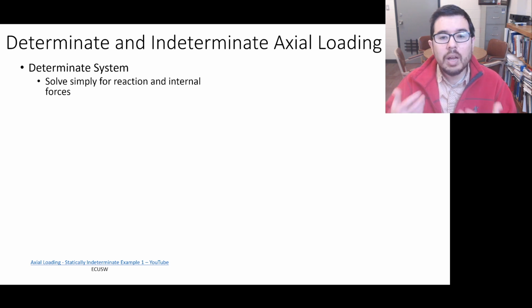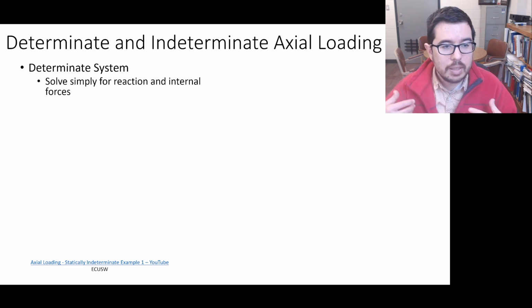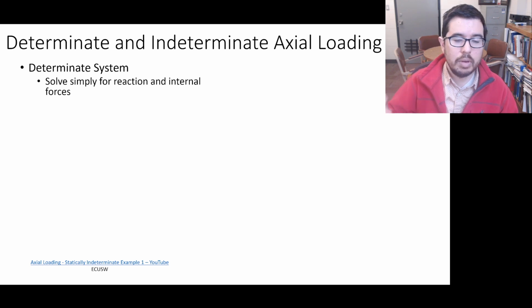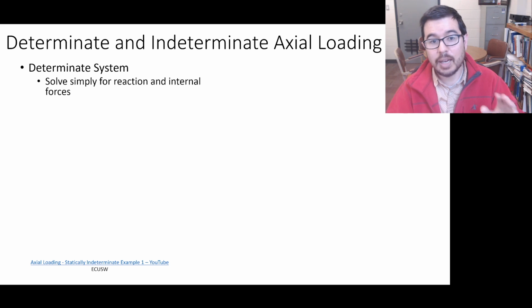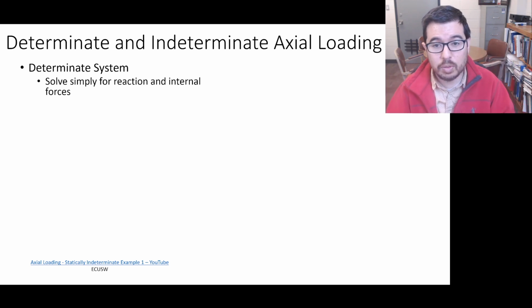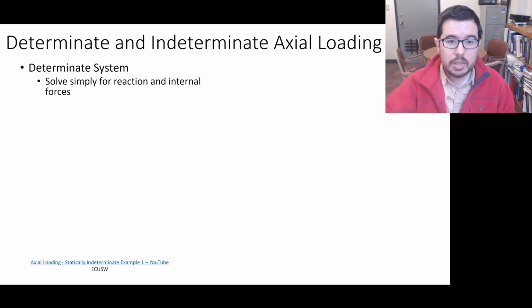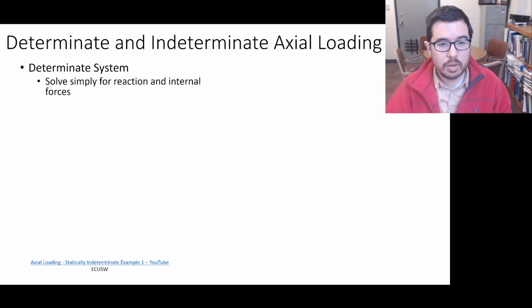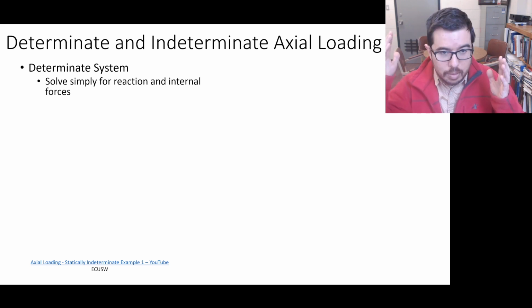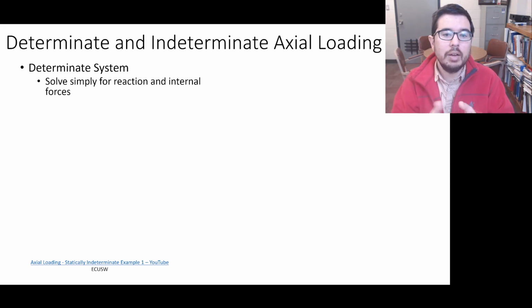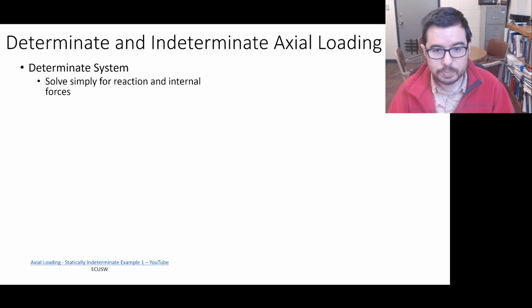In determinate systems, we've become comfortable in solving simply for the reaction and internal forces. In other words, this is statics. This is what we've been doing. Put the force on the structure, solve the external equilibrium problem, then dive in and find out what's happening internally in the structure.